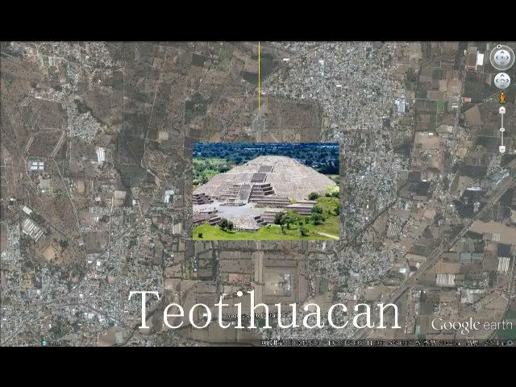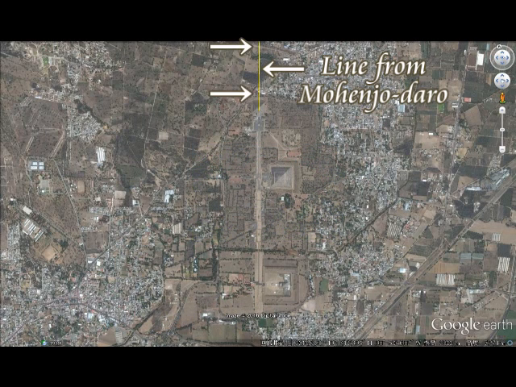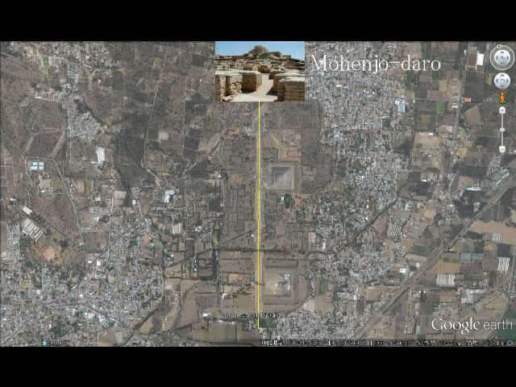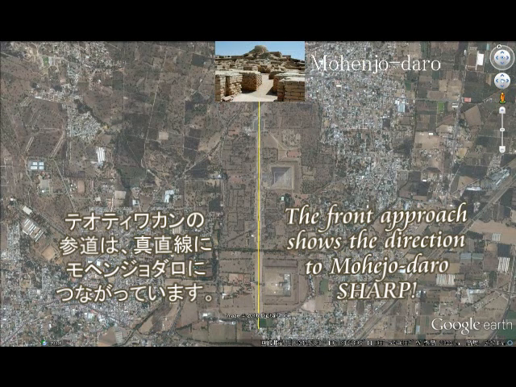This is Teotihuacan, and you see a long and beautiful front approach in front of the Pyramid of the Moon. The line from the top comes from Mohenjo-daro, and this yellow line goes sharp straight along with the front approach of Teotihuacan.